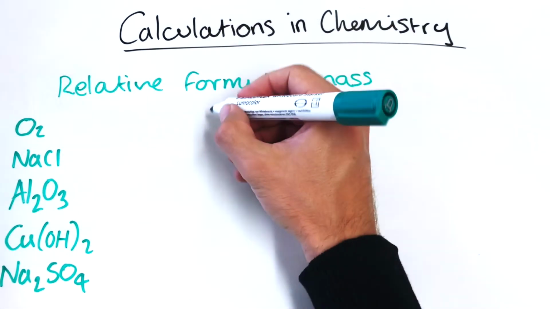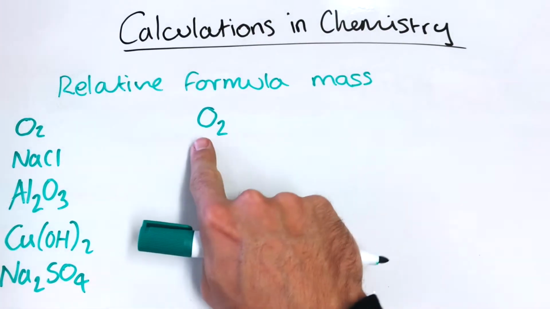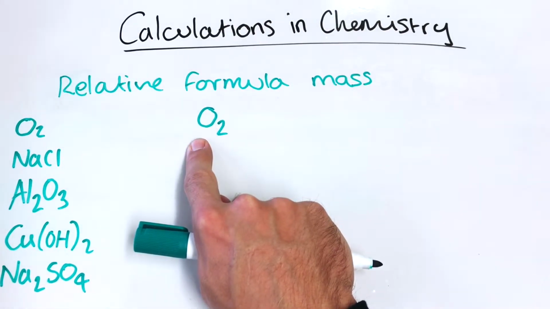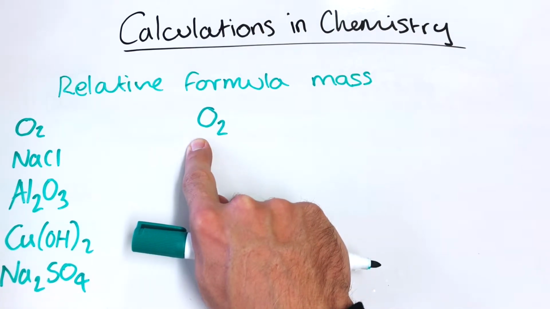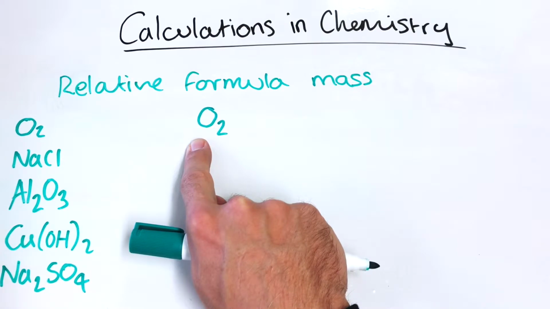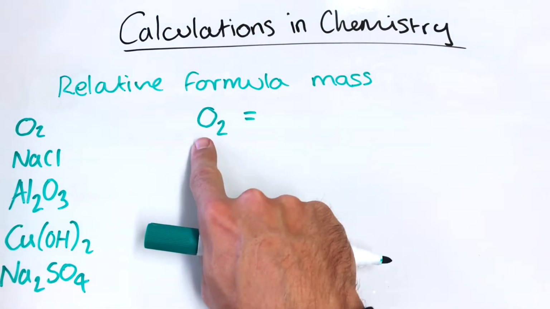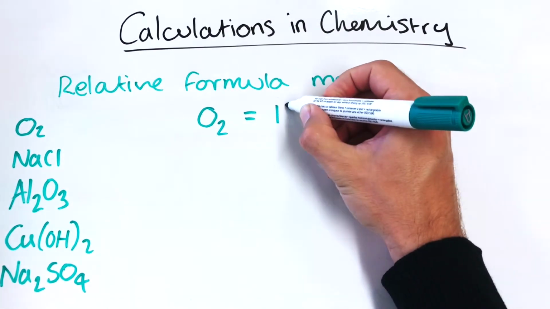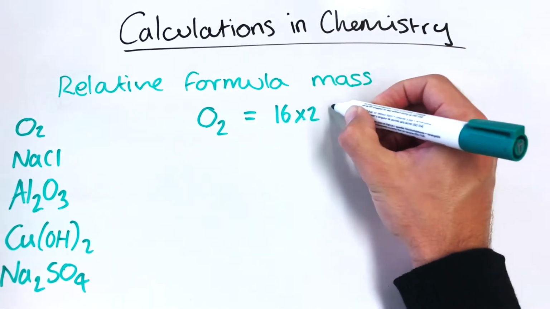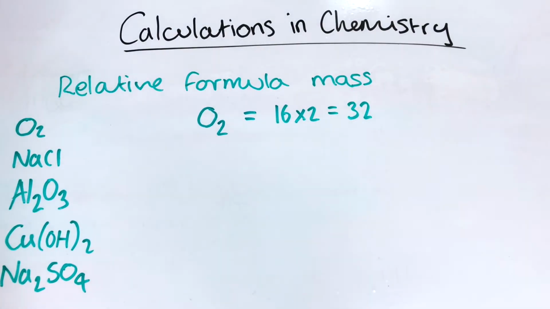For example number 1, molecules of oxygen, oxygen is made up of 2 atoms of oxygen, each with a relative atomic mass of 16. The relative atomic mass is obtained from the periodic table. So the relative formula mass of oxygen molecules is 16 times 2, which is 32, because there are 2 oxygen atoms in there, each with a mass of 16.